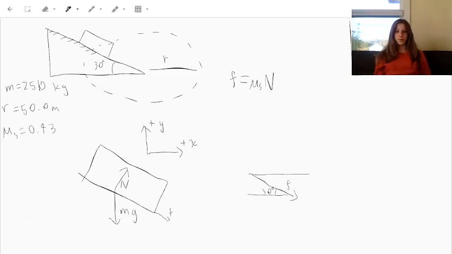So let's draw a perpendicular line just to see where we're at. And since these are parallel, they're both horizontal, we have a line intersecting two parallel lines. That means that these opposite interior angles are going to be congruent. So this one is also 30 degrees.